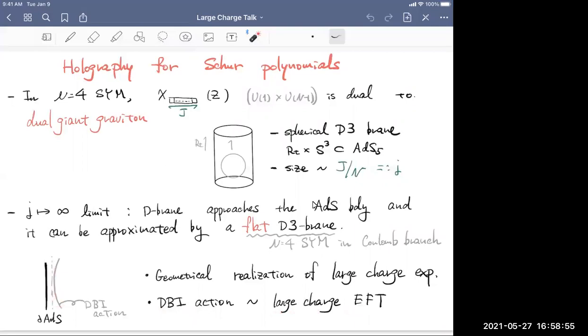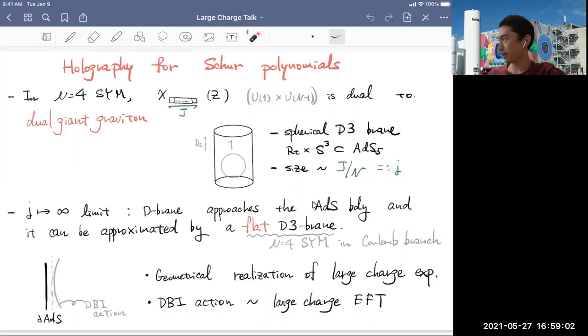Would this picture hold up to j of order N squared? I believe that for this particular operator, it actually holds. This is a very special operator.